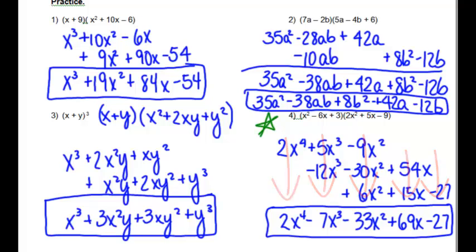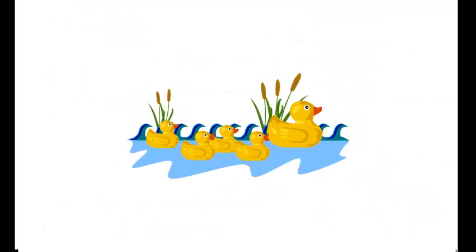Now in number 2, I skipped some places where I didn't have a term because then I didn't have to worry about combining those. It's really up to you and how you can keep track of all of your work. Method and system is important when you get into complicated algebra. So it's important that you create a system where you can keep track of everything. Lots of little ducklings, and they all need to be accounted for.